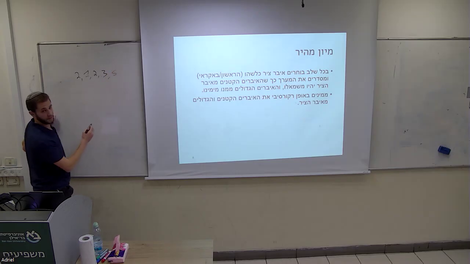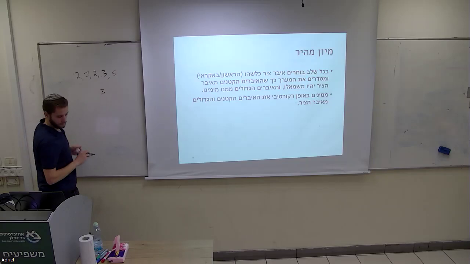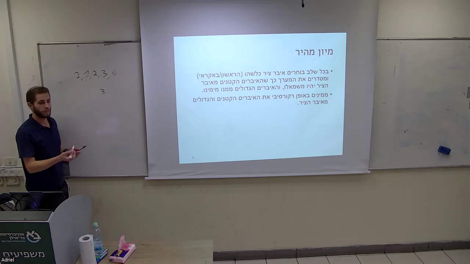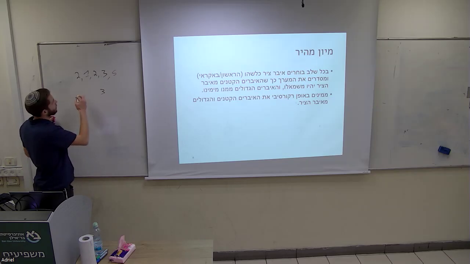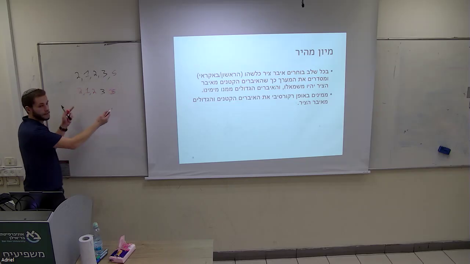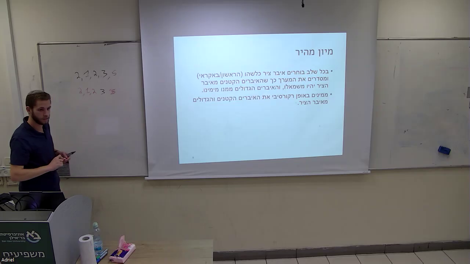The rest of the elements we decide whether they go before or after. So we have 2, 1, 2, and just 5 here. And then on each half, we operate recursively.